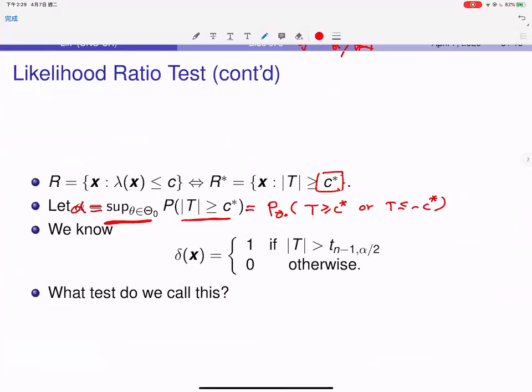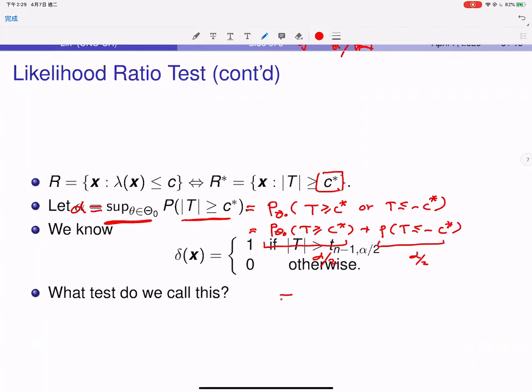Then you basically just divide them into two parts, right? Each of them gets half alpha, half alpha.